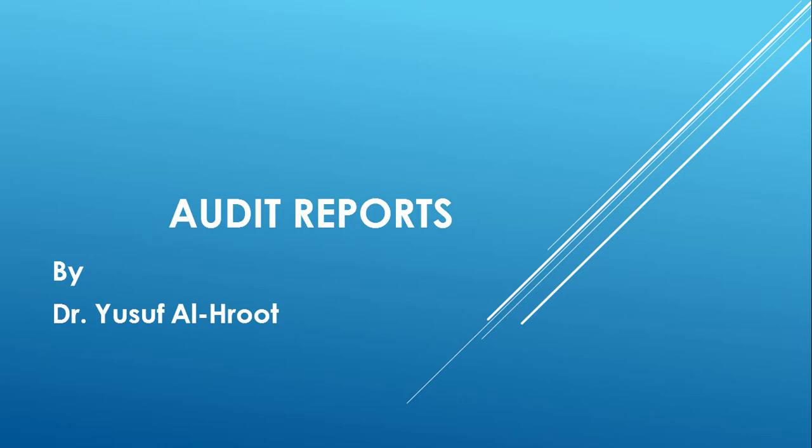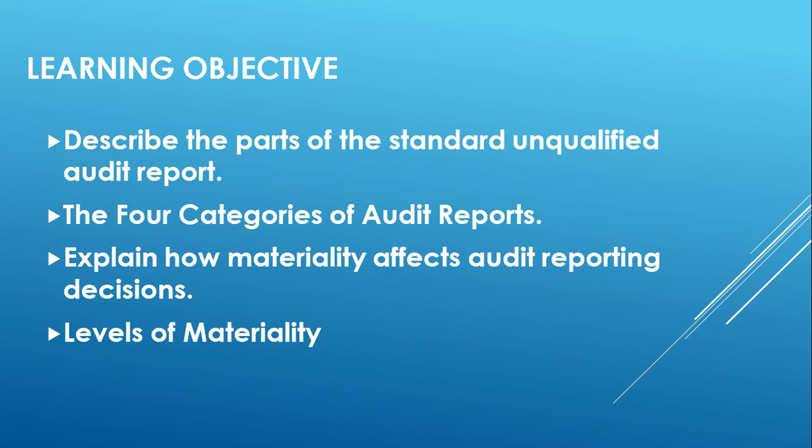The first of which, hopefully you can see just there, is the subjective audit report. So I want to talk to you about audit reports. First of all, I want to see the learning objectives.